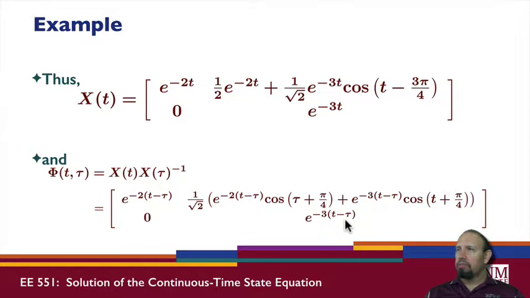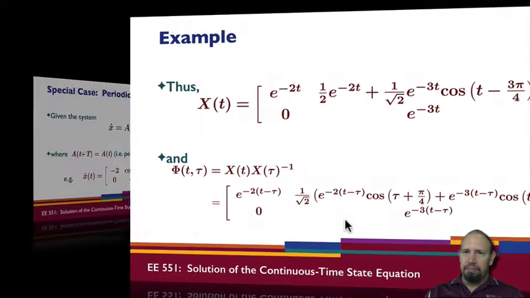Fairly straightforward. But again, this is about as simple a problem as we can get for a linear time varying case. It's more complicated because in a sense you have to solve the differential equations by hand and then work with it from there. So it's definitely more complicated than the linear time invariant case, where we have the nice formula e to the at that we can work with.